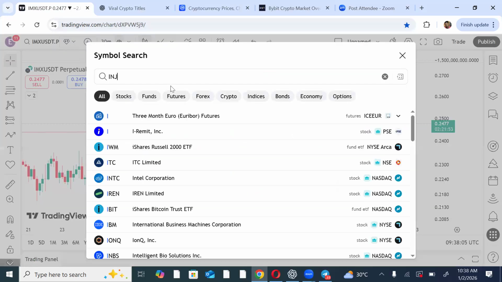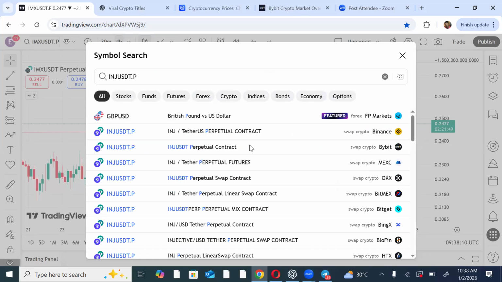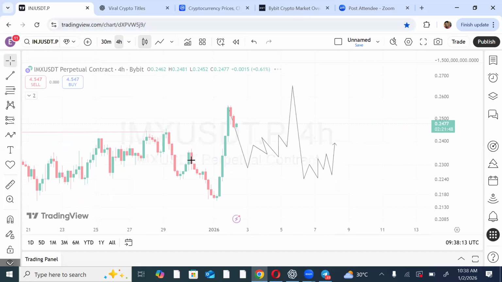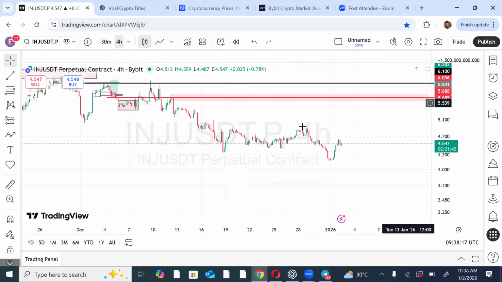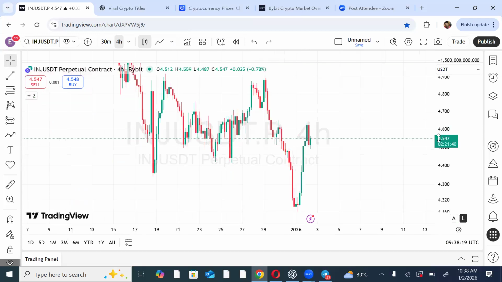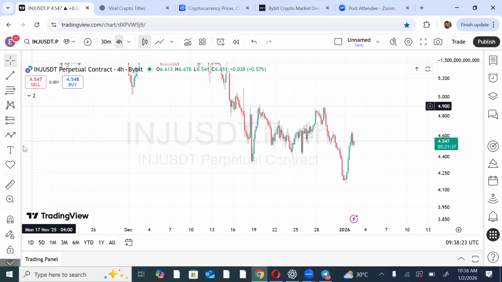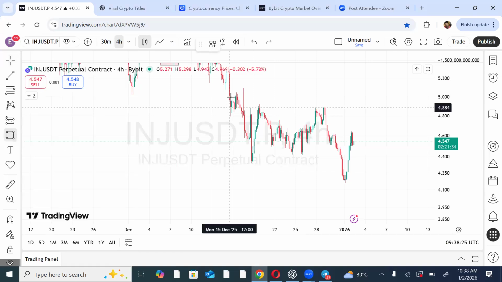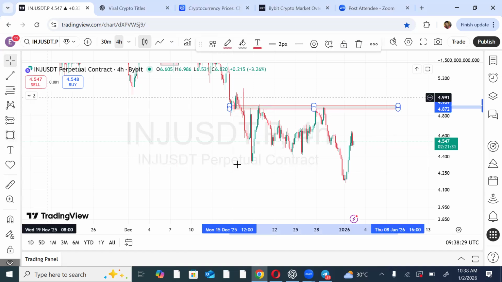INJ and PP. Okay, this is not a buy. This is far from a buy. A lot of people would say this is a liquidity hunt, and then they start trading like this.